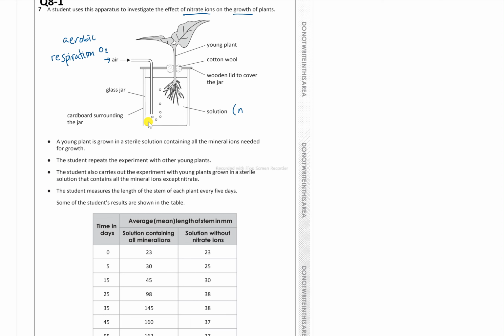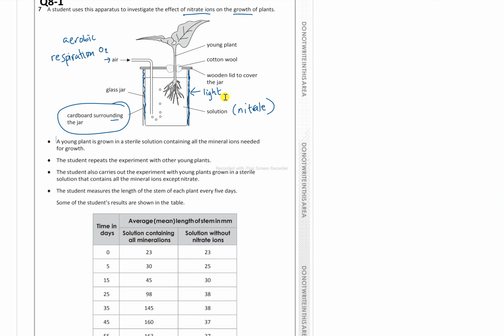Right. You've got the solution containing the nitrate. And they've got cardboard surrounding. So what they're trying to do is block out the light because of the cardboard.